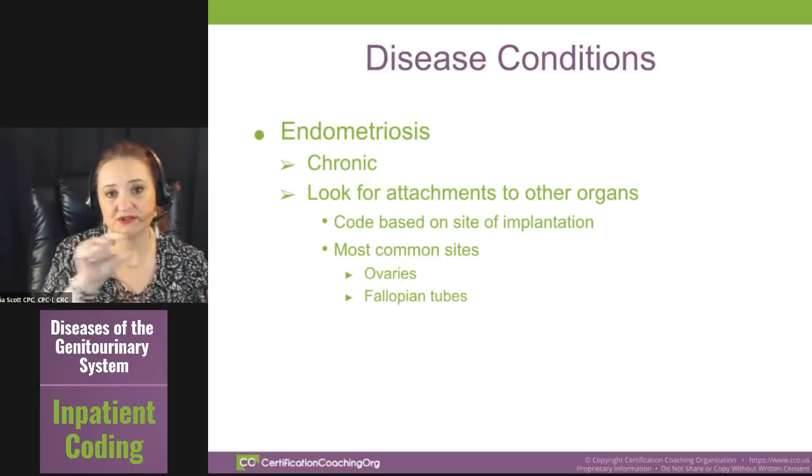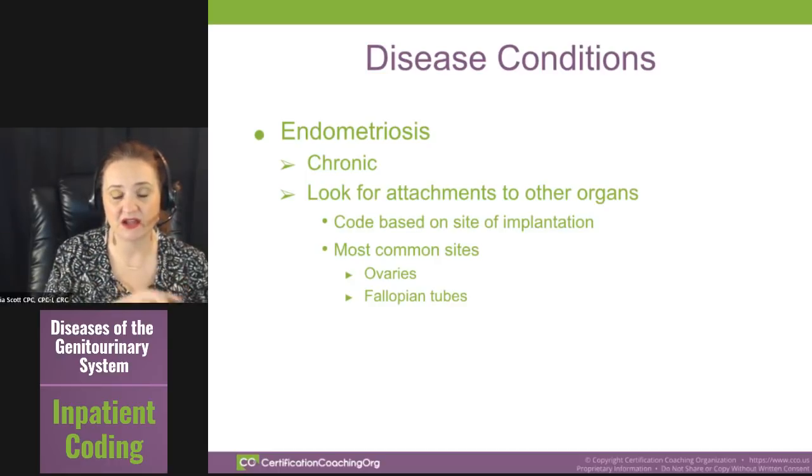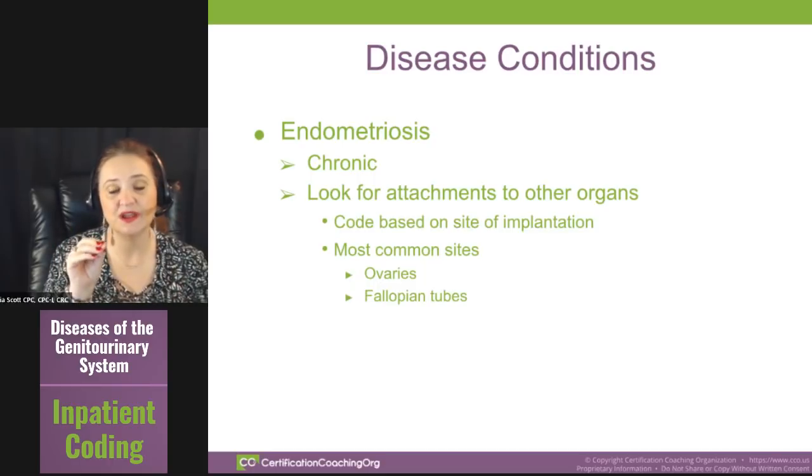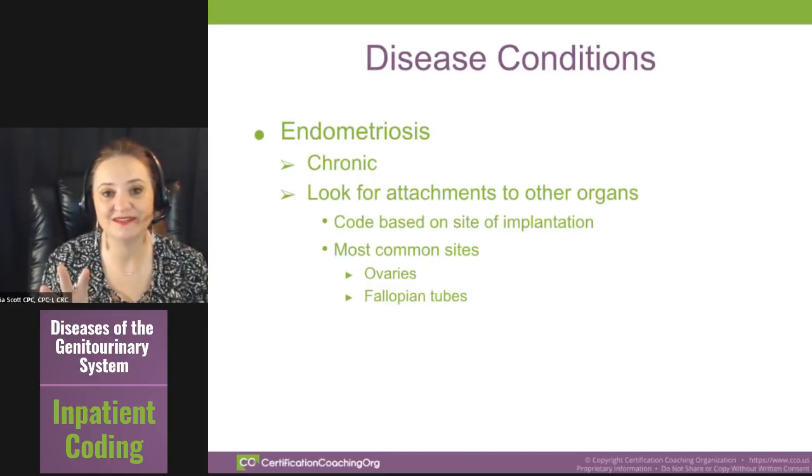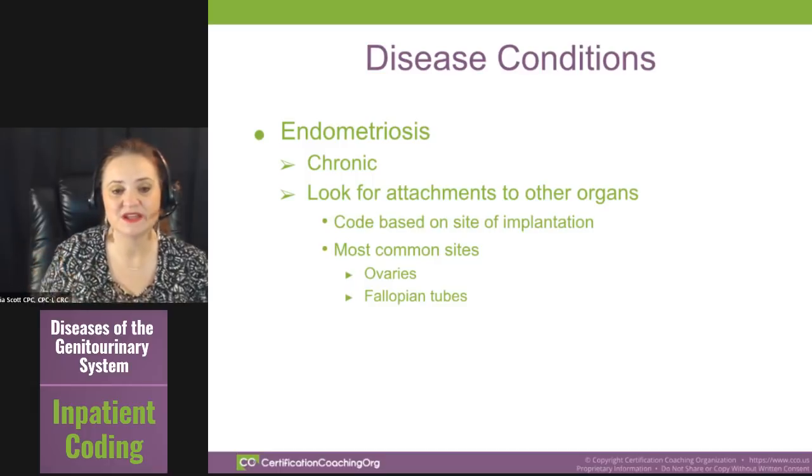But if that tissue gets into the abdomen, it can attach itself wherever it wants: outside of the uterus, to the intestines, it can even go up and attach itself to the lung. Then every month it would get inflamed and cause problems.